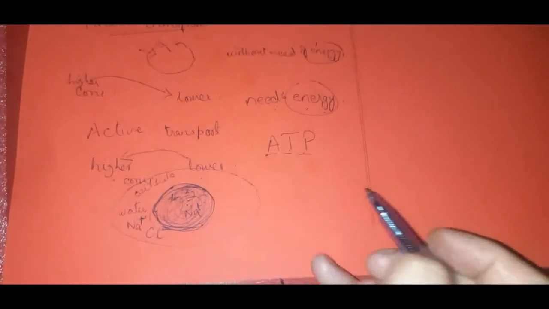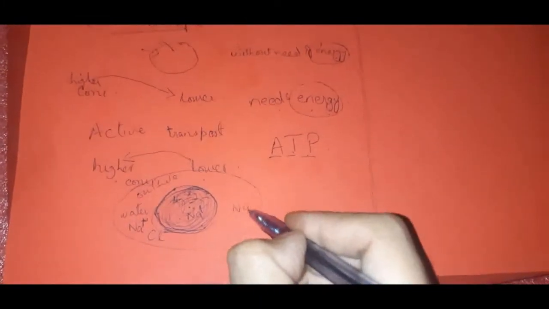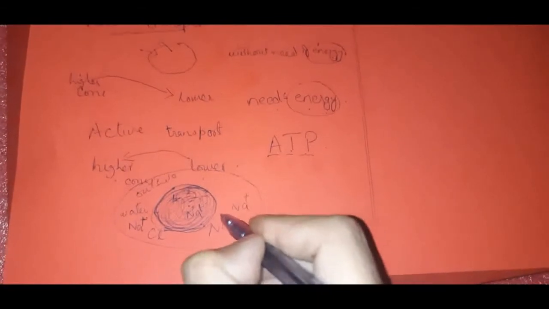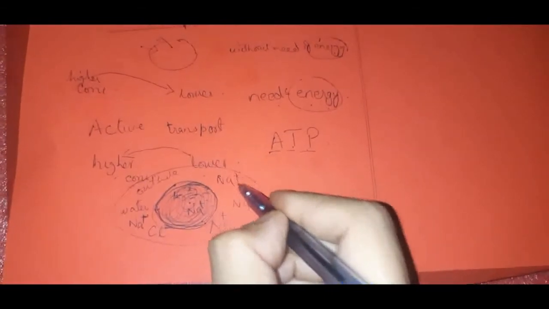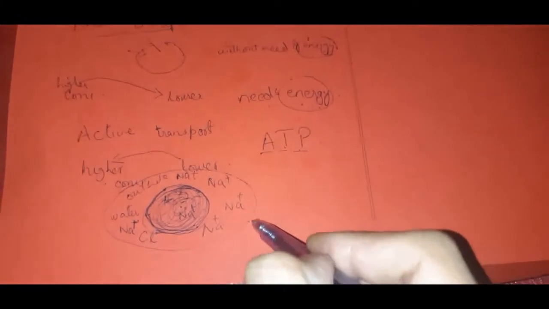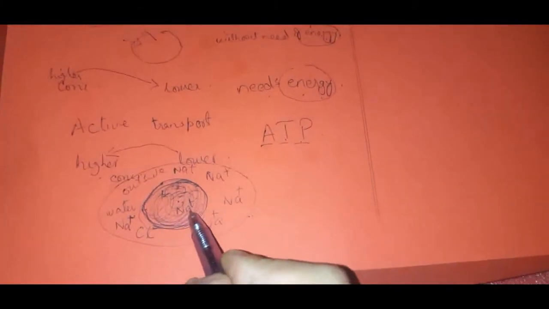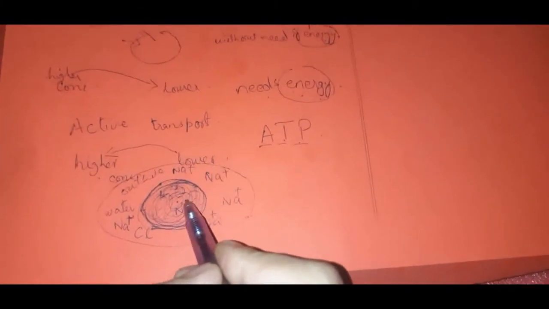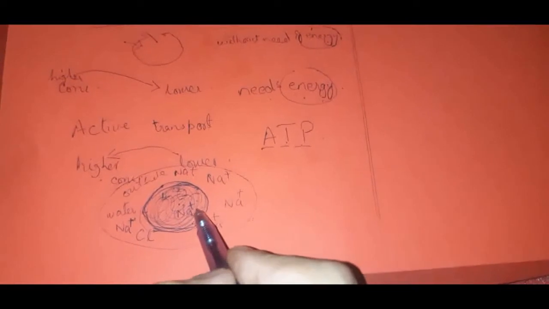Similarly, cells inside also have these salts, right? So if there is more salt concentration, more sodium concentration, just look over here. What will happen? It depends on the need. Does the outside of the cell require more sodium ions? If it requires more sodium ions, then from inside of the cell, the sodium ions will move outward.